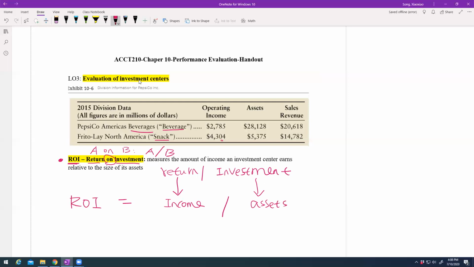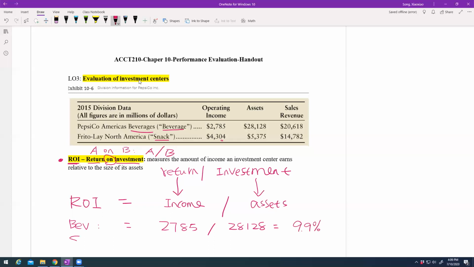Your first job is to know this formula and get the ratio. For our beverage, the ROI will be income 2785 divided by total assets 28128. From your textbook, we can see the ratio is 9.9%.